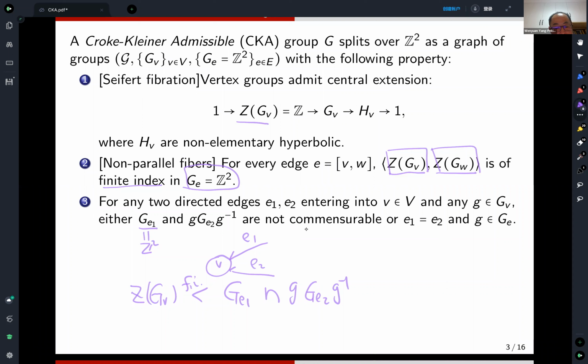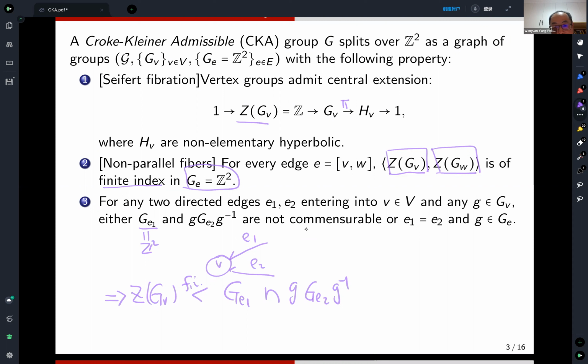So this is equivalent to saying the center is finite index in the intersection of these two groups.